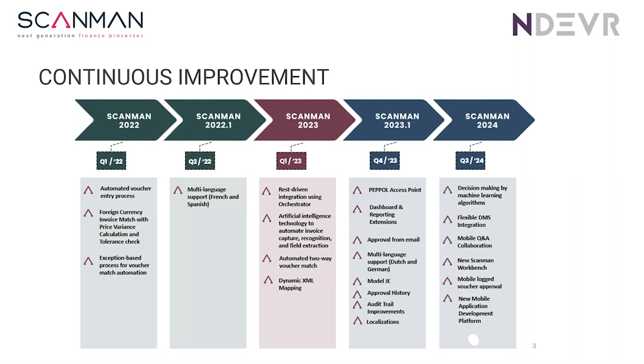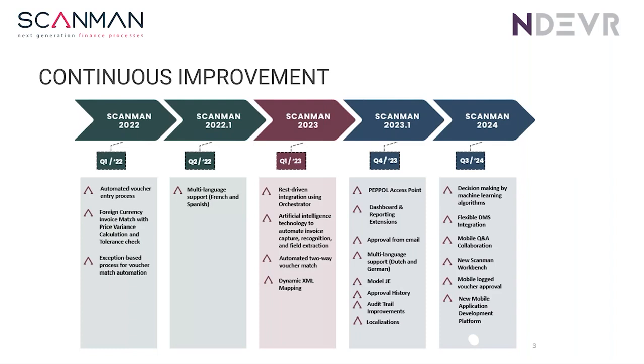And as you can also see here in this overview, the next release is planned for Q4, and another one we have for Q3 next year. Those will also be focusing, first of all, on the extension of the XML functionality. So for instance, the PEPPOL access point that we are going to create.